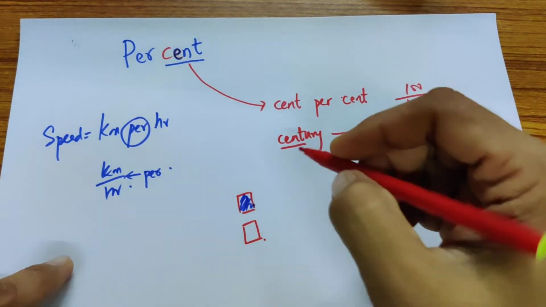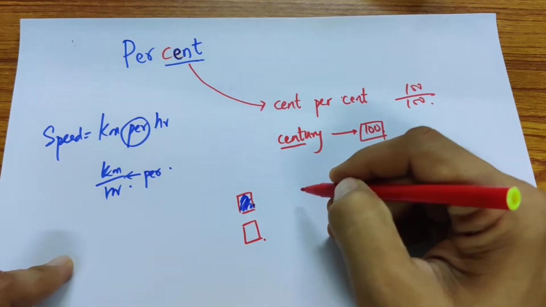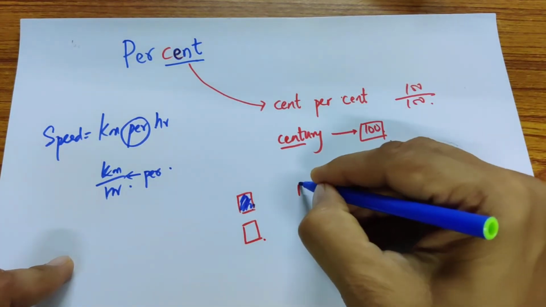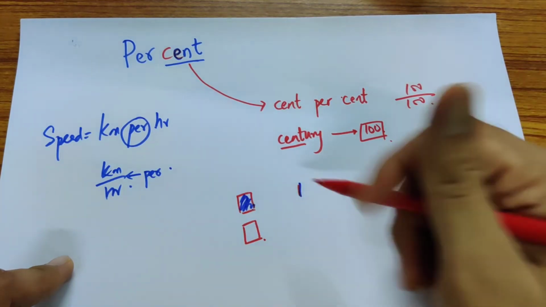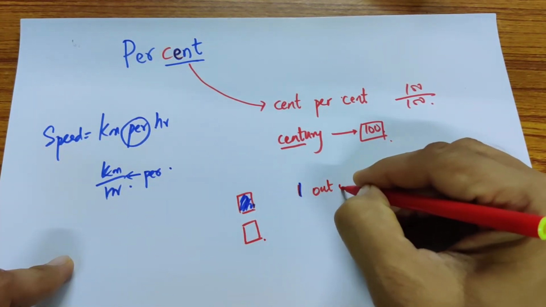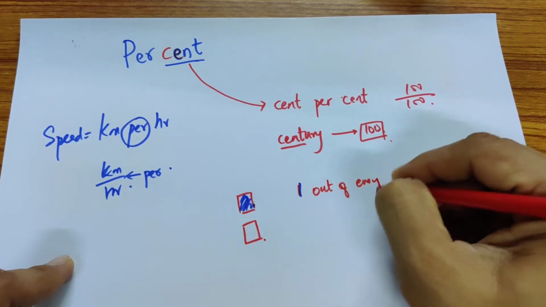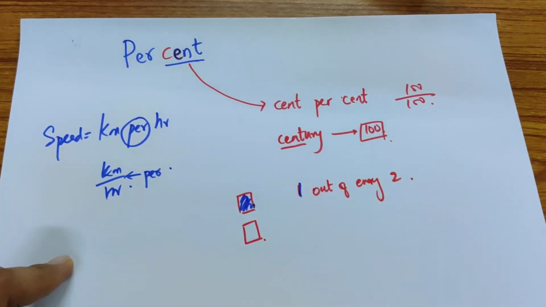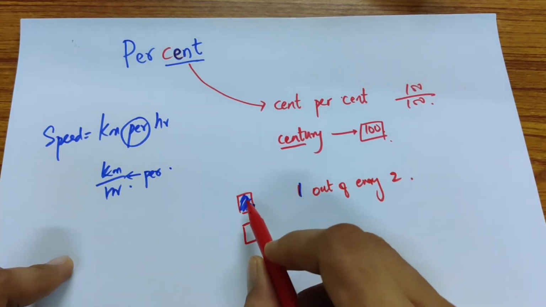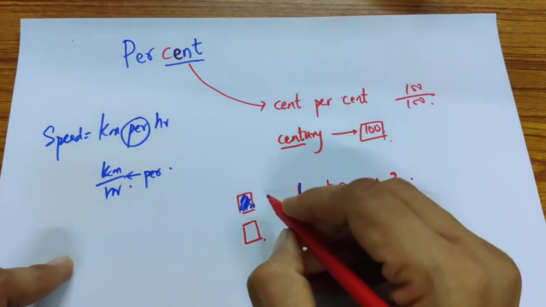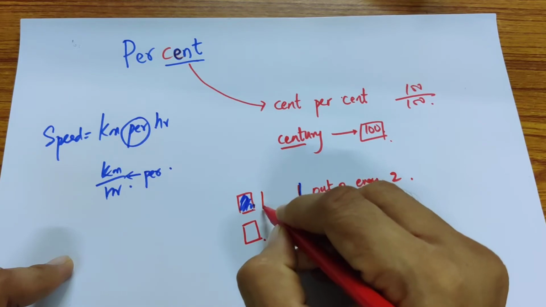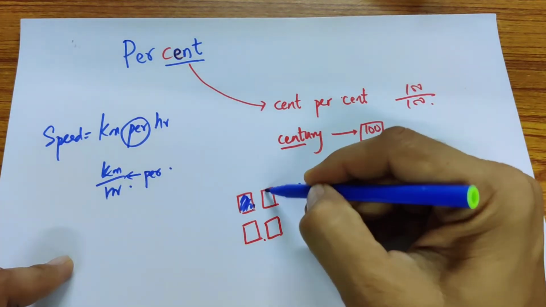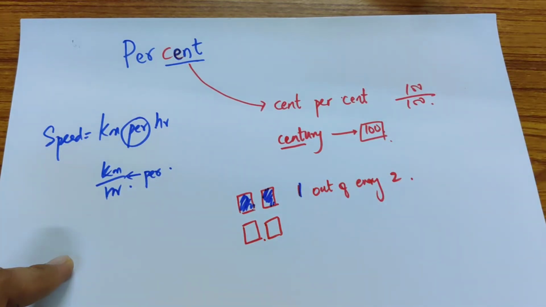The way we will describe fractions is 1 out of every 2. So if you had only 2, it's 1 out of 2. If you had 4, it is 2 out of 4. So we know these equivalent fractions.